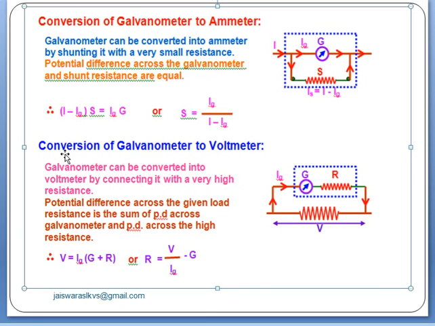Next, what will be the formula related to conversion of galvanometer to voltmeter? And it is, that is magnitude of resistance R, you may say high resistance, which is connected in series with the galvanometer.